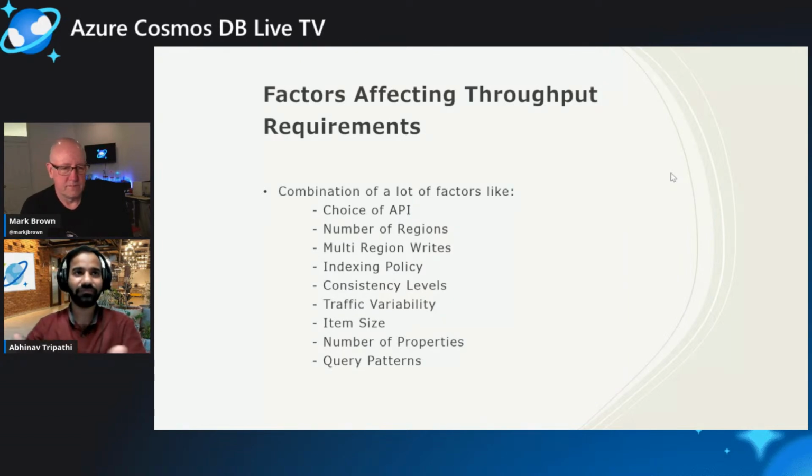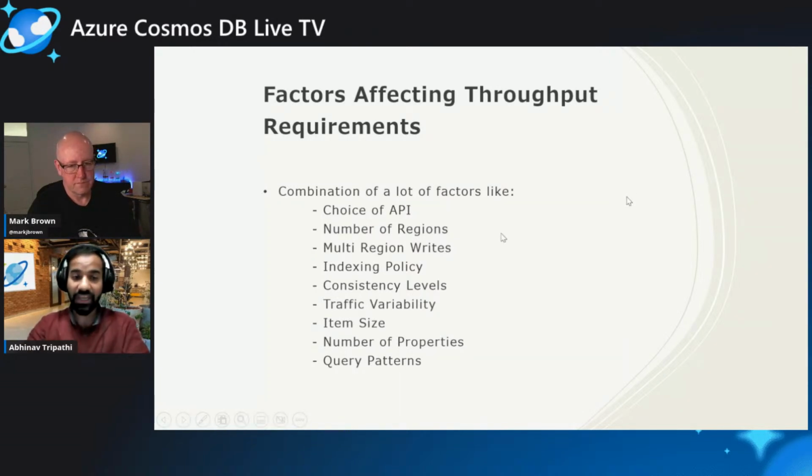But in Cosmos DB we provide different APIs: the open source APIs through wire protocol, Mongo and Cassandra, and we also provide the Gremlin API, the Table API and our NoSQL offering. Depending on the choice of API, the RU requirements for each operation vary a bit, because obviously all are different from one another.